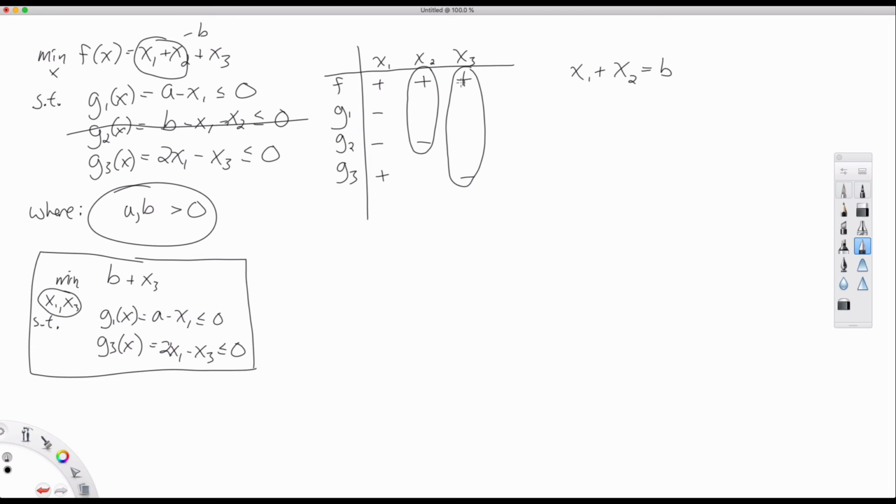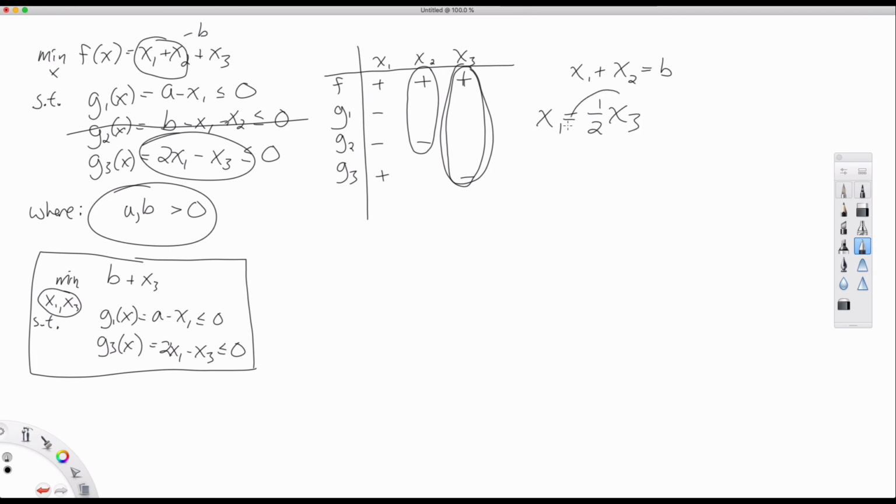Now let's have a look at what results by identifying that g3 is active, because it's the only constraint capable of bounding f with respect to x3. If that's the case, then we can say that 2x1 is equal to x3, or I could solve for x1 and say that x1 is equal to 1/2 times x3.